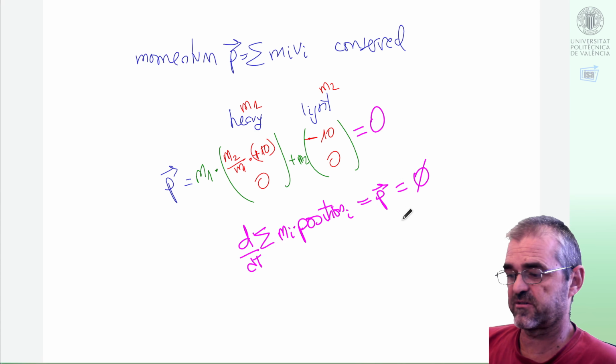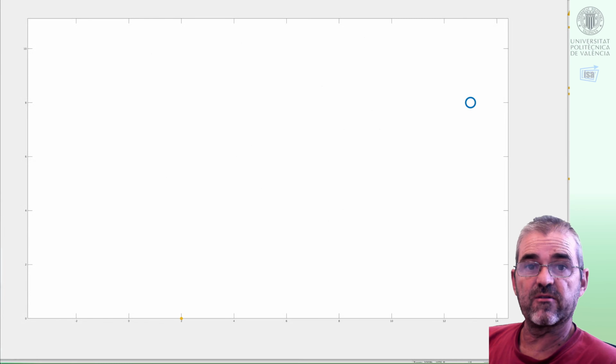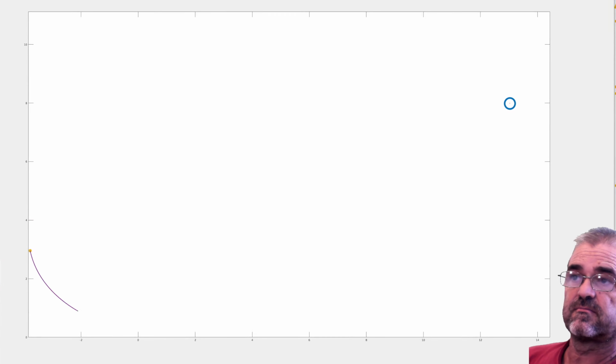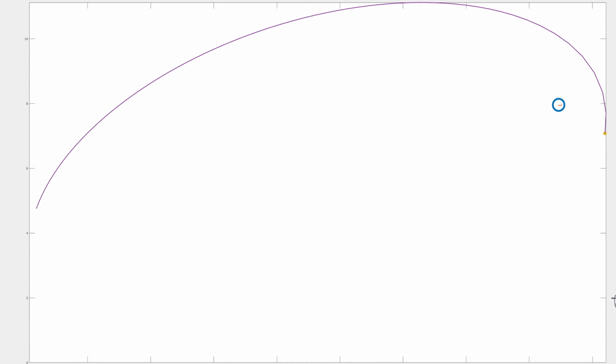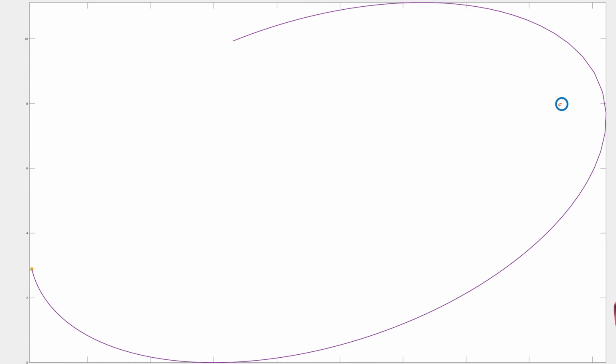So with this configuration, if I carry out the simulation, we can see the elliptical orbit of the small lighter body around the big one, which is almost immobile. And momentum is conserved. The center of mass does not move.